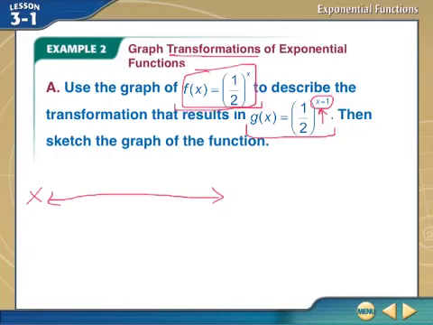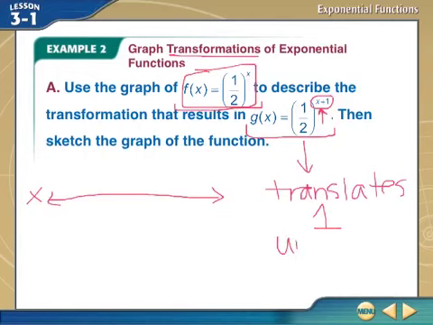The reason why I say it's opposite of sign is because you would think adding 1 to x would shift the graph to the right one, but it actually has the opposite effect, and we're going to say translates to the left 1 unit. And we'll go ahead and sketch the parent function along with this function on the next slide.